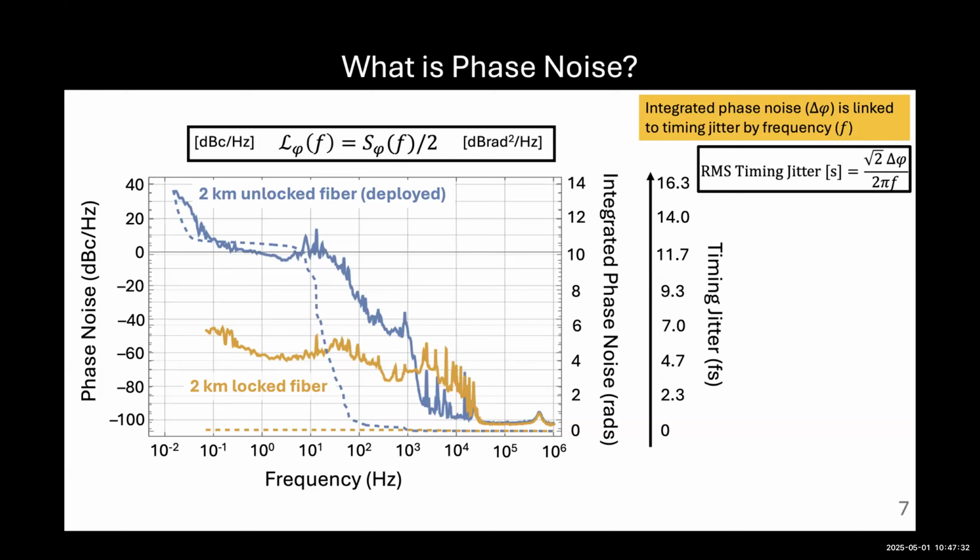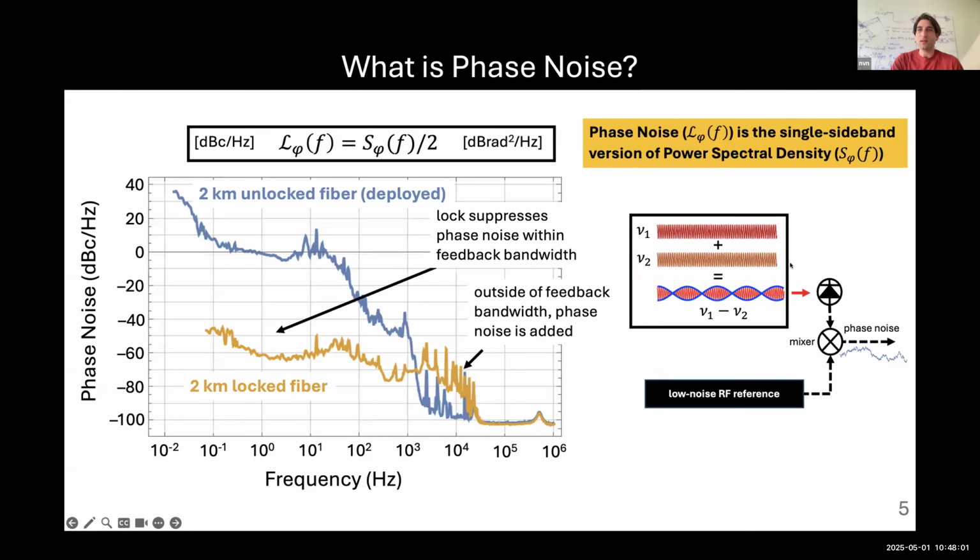I'll tell you in maybe the next slide, but usually we like to operate away from DC. At DC, for a lot of these optical systems, amplitude noise is a huge issue, so we always offset to some frequency.